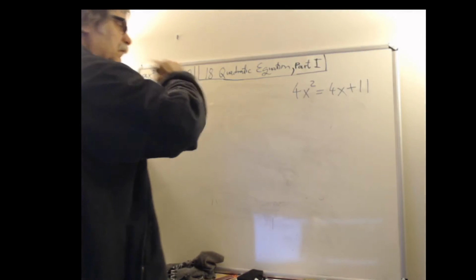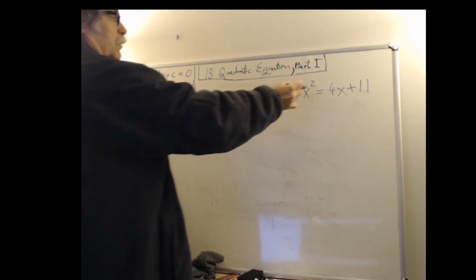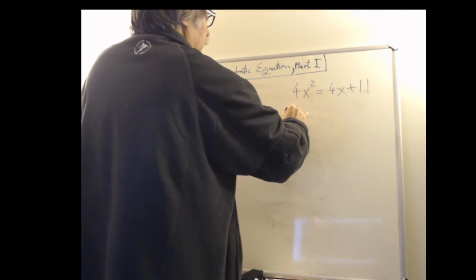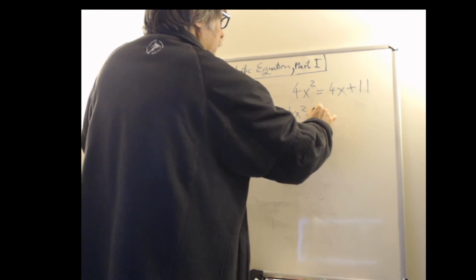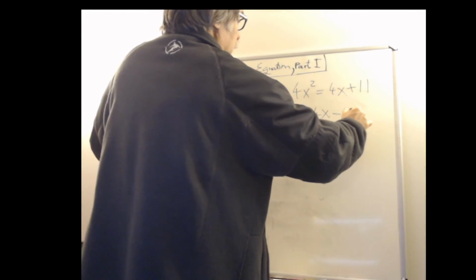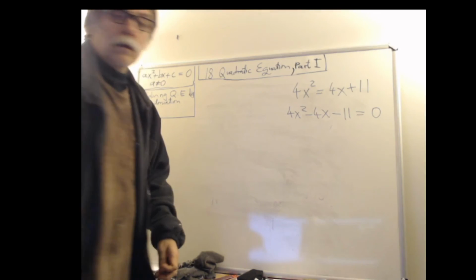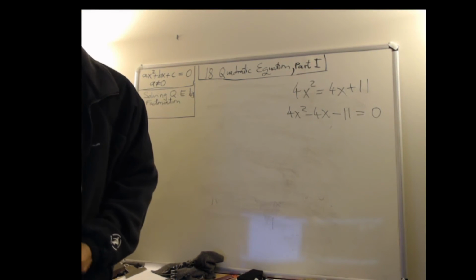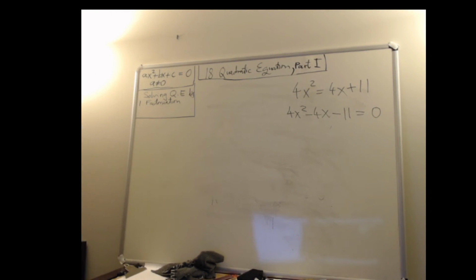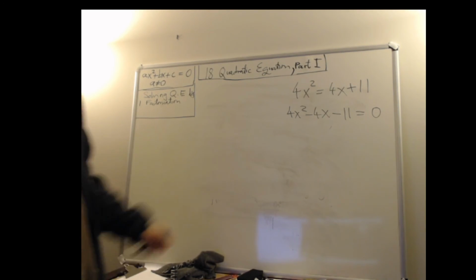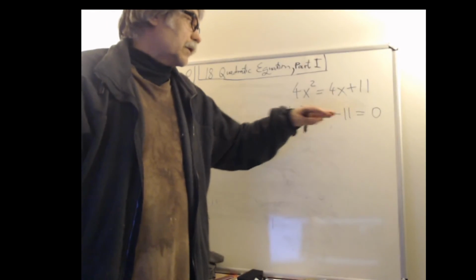Okay? Now you can do this in the standard format, which means you're going to move both of these terms to this side. You get 4x squared minus 4x minus 11 equals 0. And you can try as hard as you wish, but there will be no chance of factoring this.